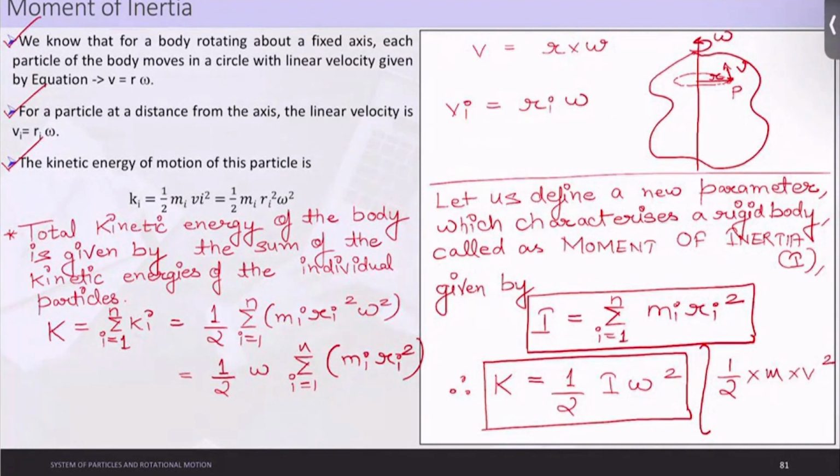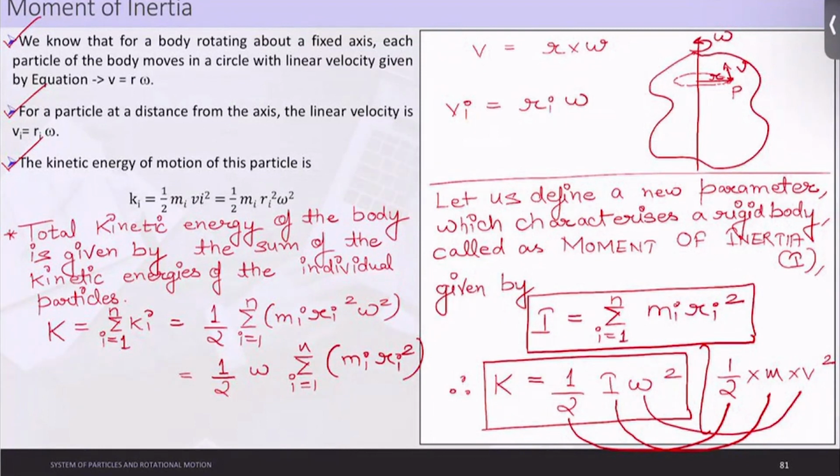Each and every concept is analogous to another concept. So half is half only, I is analogous to mass, and omega is analogous to velocity. That's how we found the analogous value of mass with respect to rotational motion, and hence that is the definition of your moment of inertia.